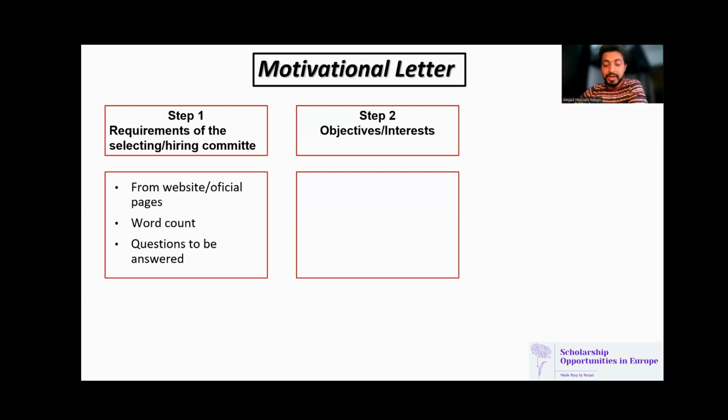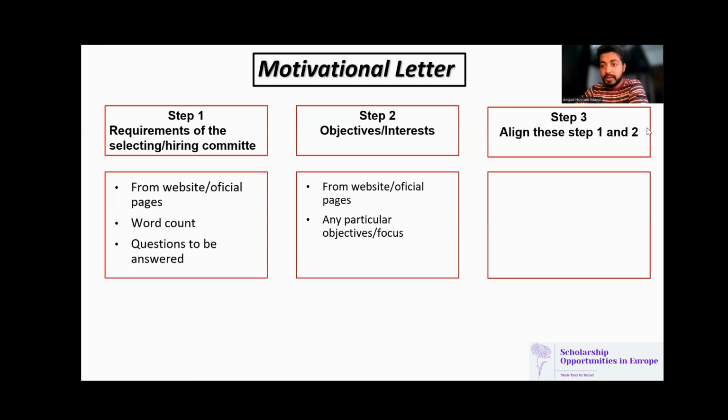Basically you have to find the particular interest they are looking for and check whether you have those skills or qualifications. Of course, if you are applying for that opportunity, you must have them. So in step two, you find the research objectives or focused interests the organization is looking for.